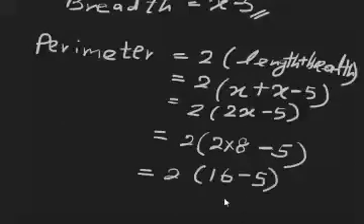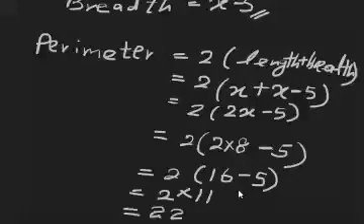Then 2 into 16 minus 5, 11. 2 into 11. Here between this bracket and 2, what is the mathematical operation there? Multiplication, yes. So 16 minus 5 into 2, 22 centimeters.